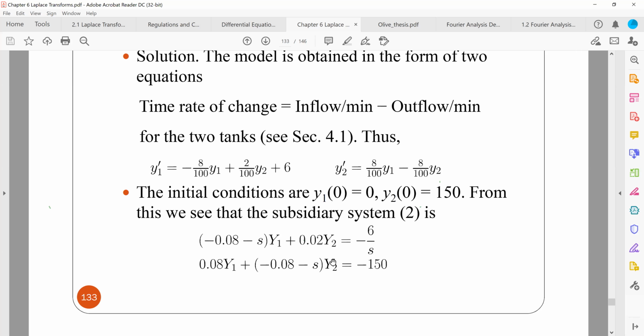But for Y2, you will have sY2, and also you'll have the initial value, which will be 150. So when you collect like terms, 150 goes on the other side of the equation, it will get the minus from there, and you collect like terms of Y2. So you have two equations in terms of Y1 and Y2, which then you're going to solve.